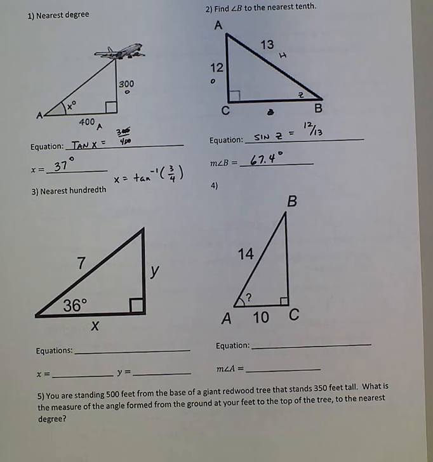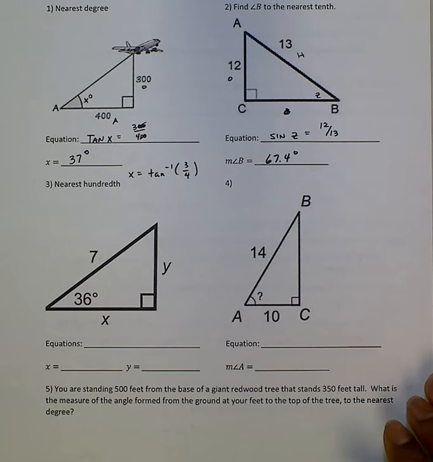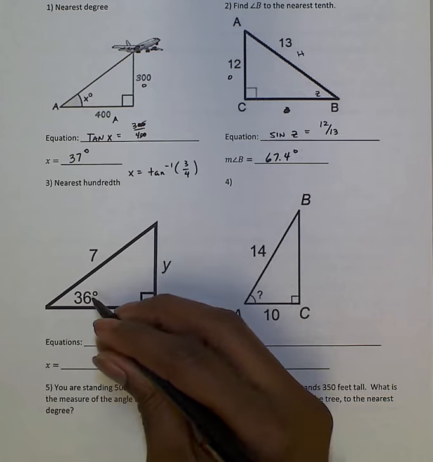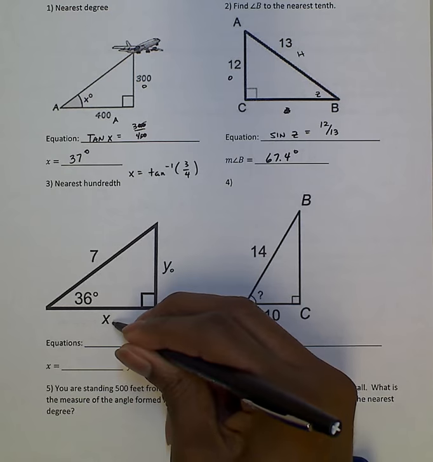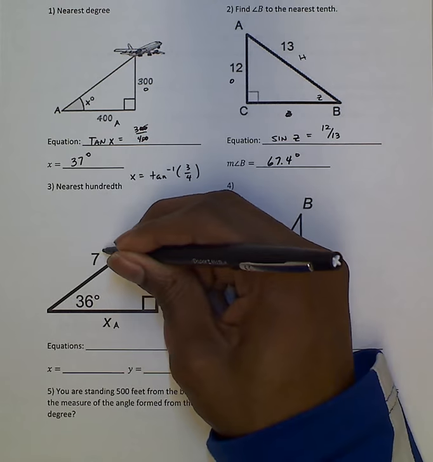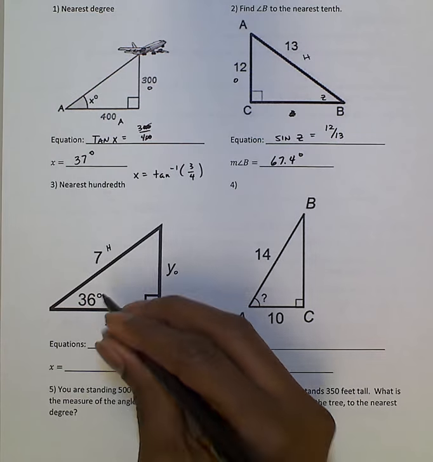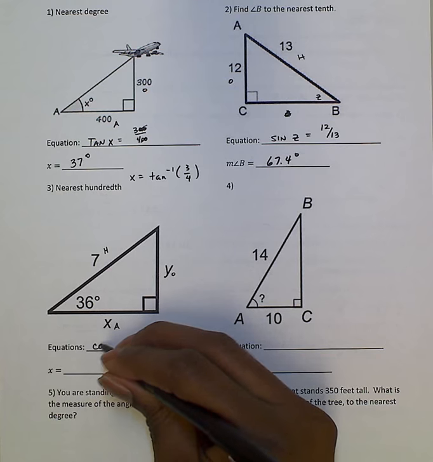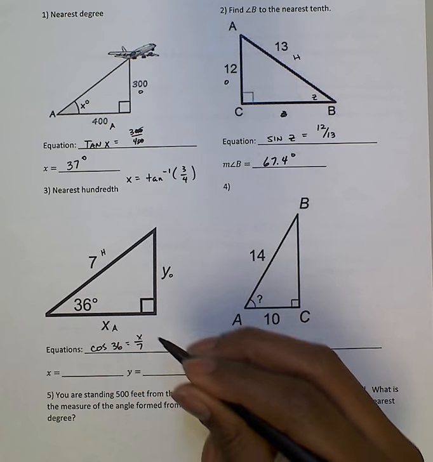Let's look at number 3. Number 3, they want us to find x and y. We're given an angle here, 36, and y is our opposite, x is our adjacent, 7 is our hypotenuse. To find x, I'm going to say, okay, adjacent and hypotenuse, that's cosine. Cosine of 36 equals the adjacent x over the hypotenuse 7.